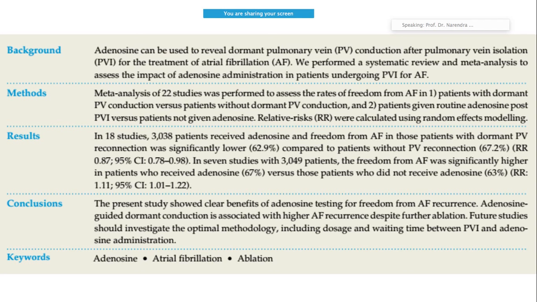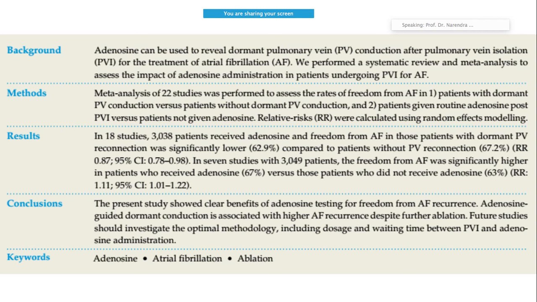So what are the methods? In the methods, you did a meta-analysis of 22 studies to assess the rate of freedom from AF in patients with dormant pulmonary vein reconduction versus patients without dormant PV reconduction. And also in the patients who were given routine adenosine post pulmonary vein isolation versus the patients who were not given adenosine.